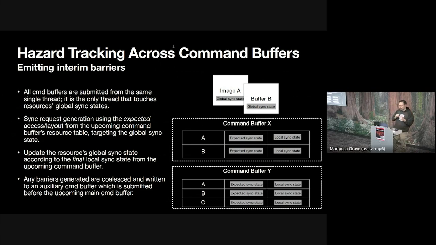If the command buffer has done only reads, then what we want to do is take the per-stage readers mask from the local synchronization state and merge it into the global synchronization state. And the reason we do it is that there might have been some writes by previous command buffers that future command buffers might want to synchronize with, and we don't want to erase that information from the global synchronization state by clobbering it with the local synchronization state.